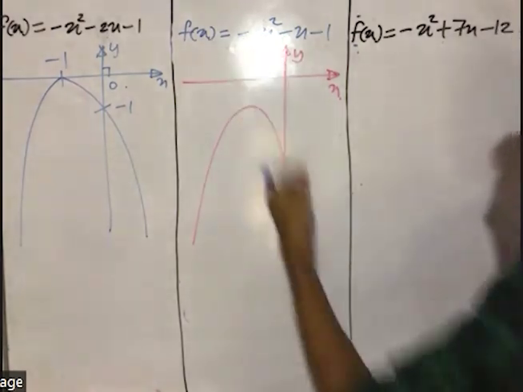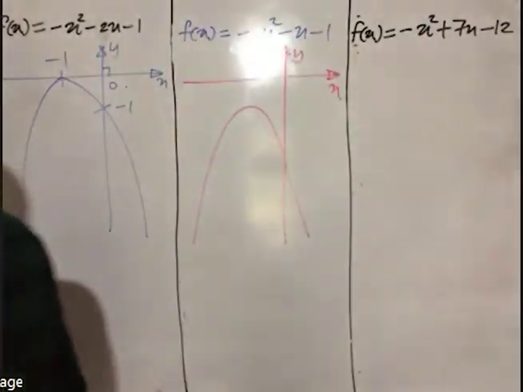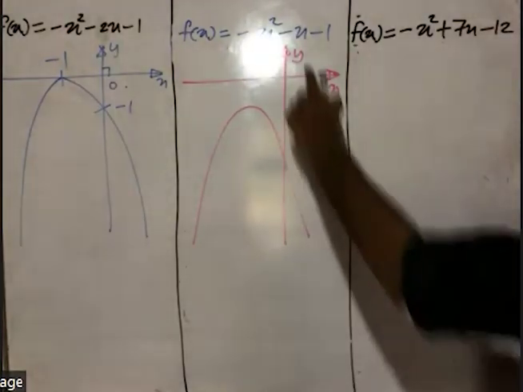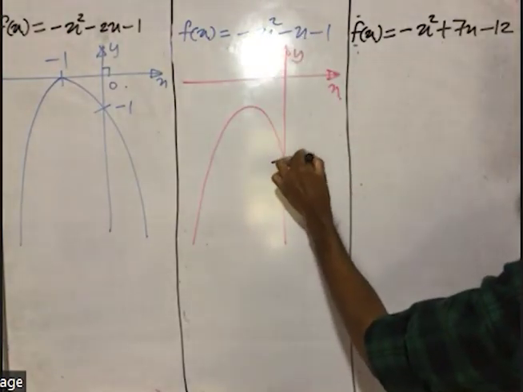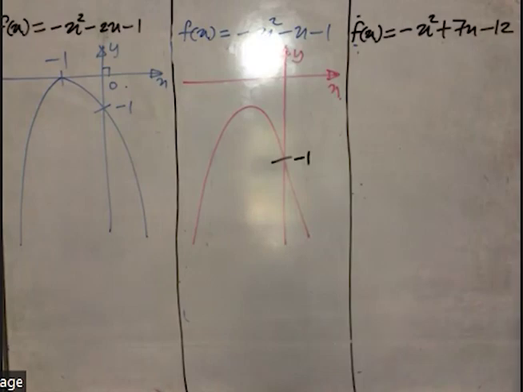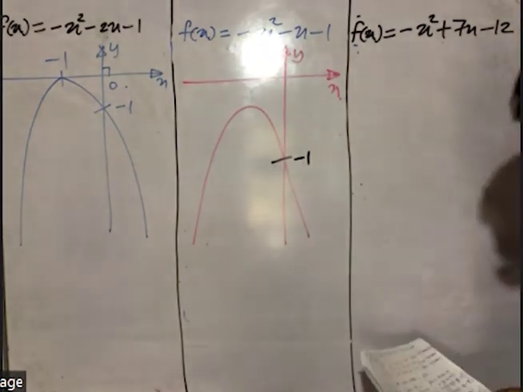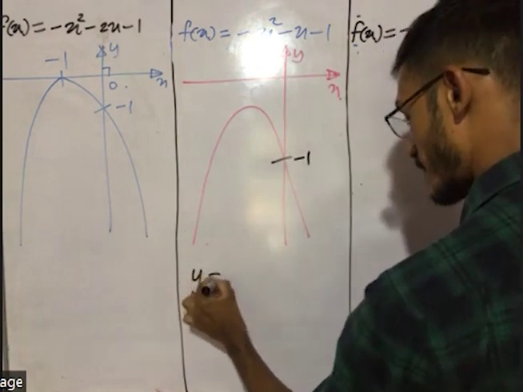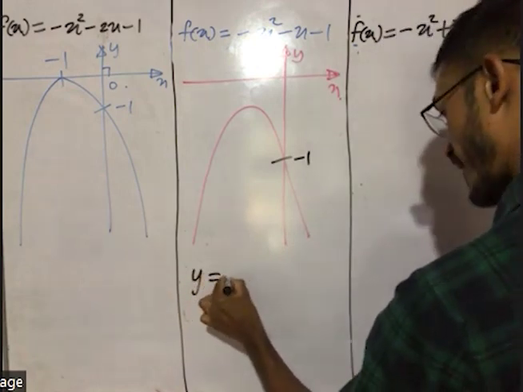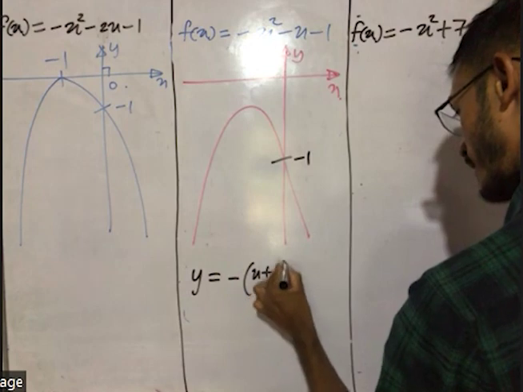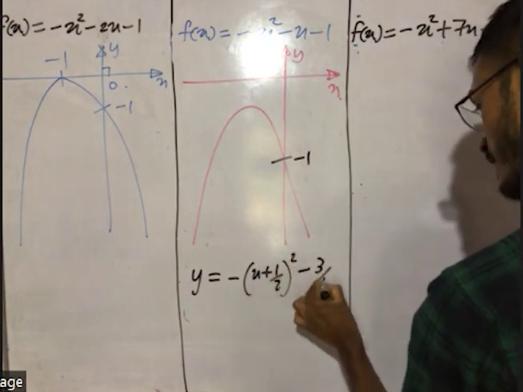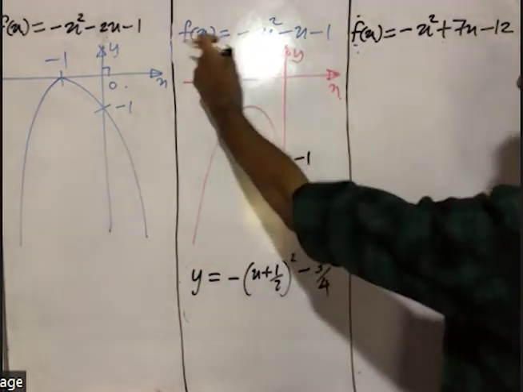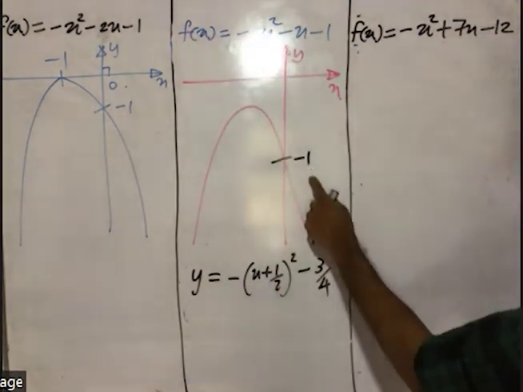When x equals 0, y will become minus 1. And also we can simplify this function like this: y equals minus x plus half square minus 3 over 4. So when x equals 0, the y value is minus 1.